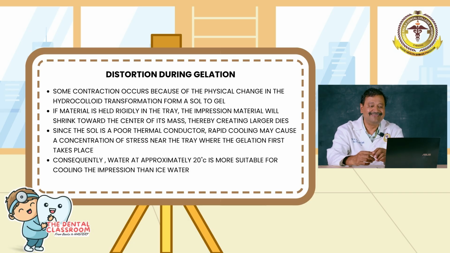Since the sol is a poor thermal conductor, rapid cooling may cause a concentration of stress near the tray where the gelation takes place initially. Consequently, water at approximately 20 degrees C is more suitable for cooling the impression than ice water.